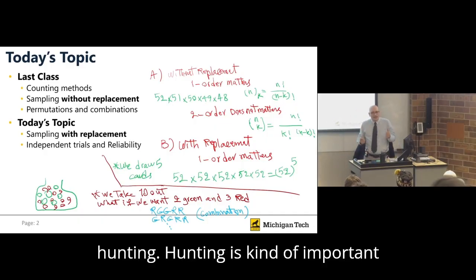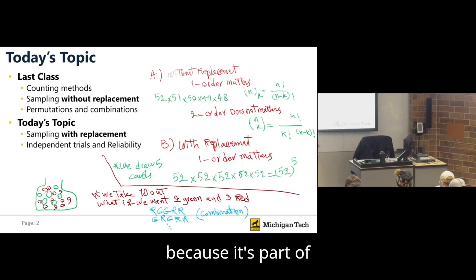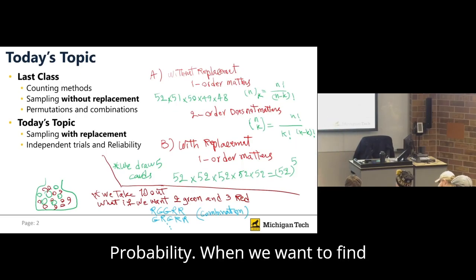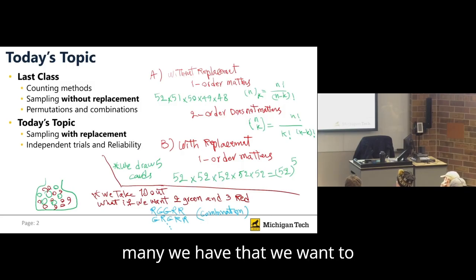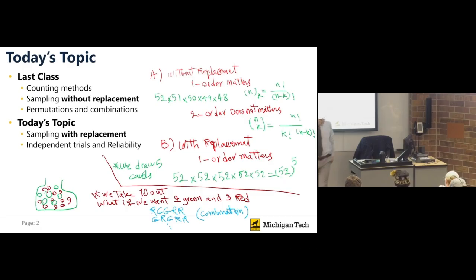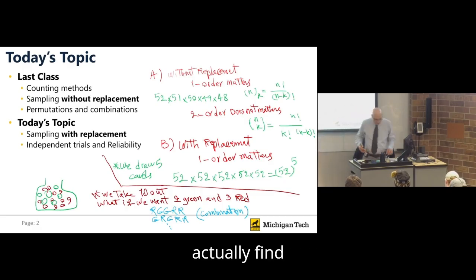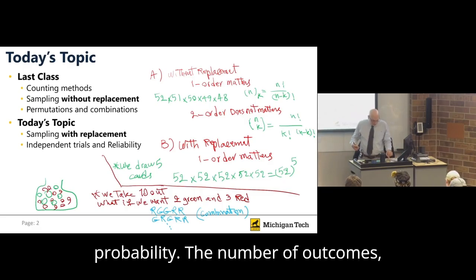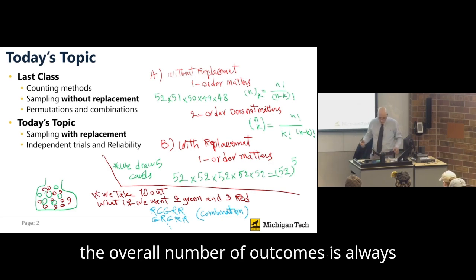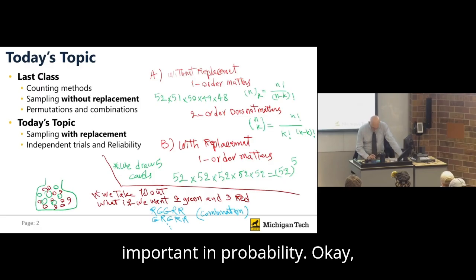But still we are in counting. Counting is kind of important because it's part of probability. When we want to find probability, we always need to know how many we have that we want to actually find probability. So the overall number of outcomes is always important in probability.